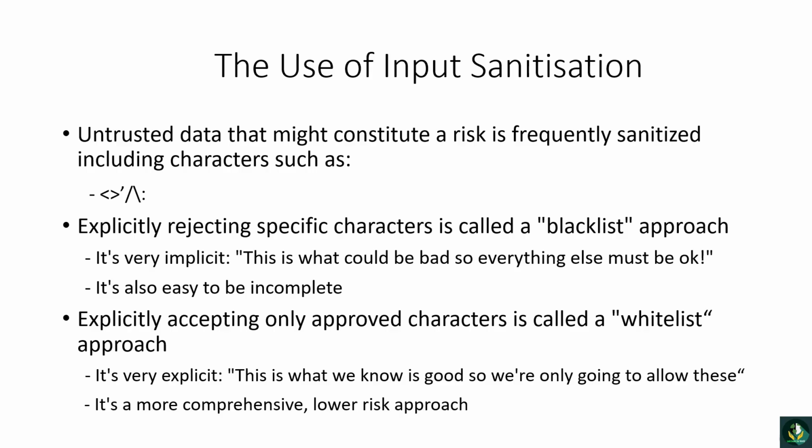Now this is much more comprehensive, because if there are things that are potentially bad that we don't know about yet, with a whitelist we are going to be pretty safe. There are various different ways of implementing a whitelist depending on the type of data.